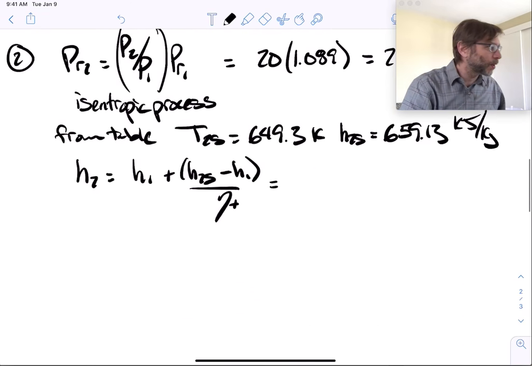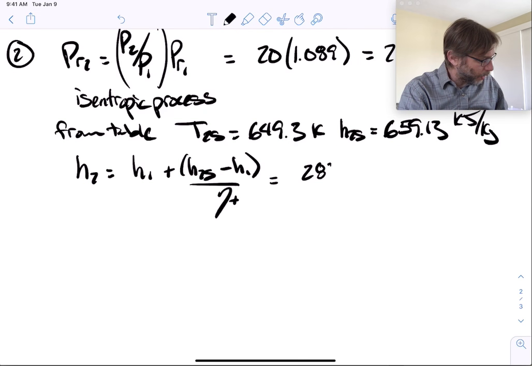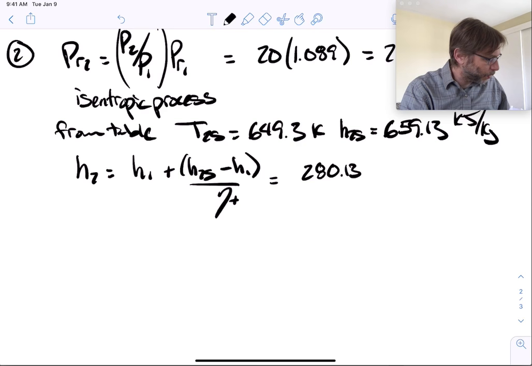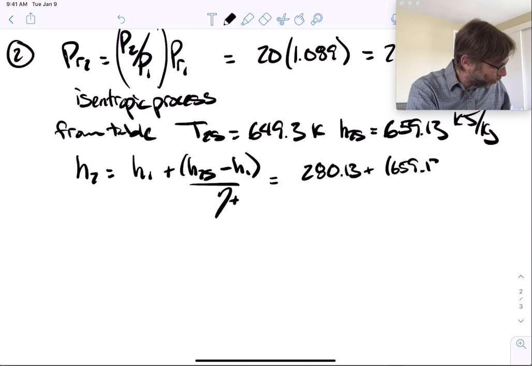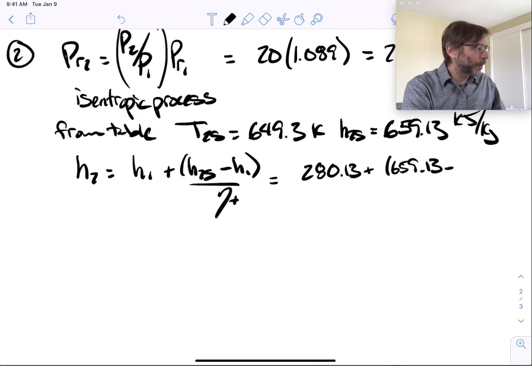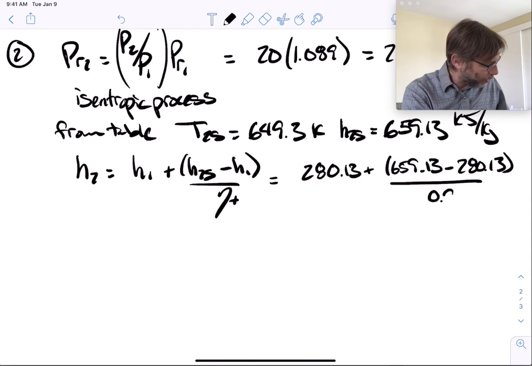So, all right. If we just put in our numbers for this, H1 is 280.13 plus H2S, which we found is 659.13, minus 280.13, divided by 0.92.